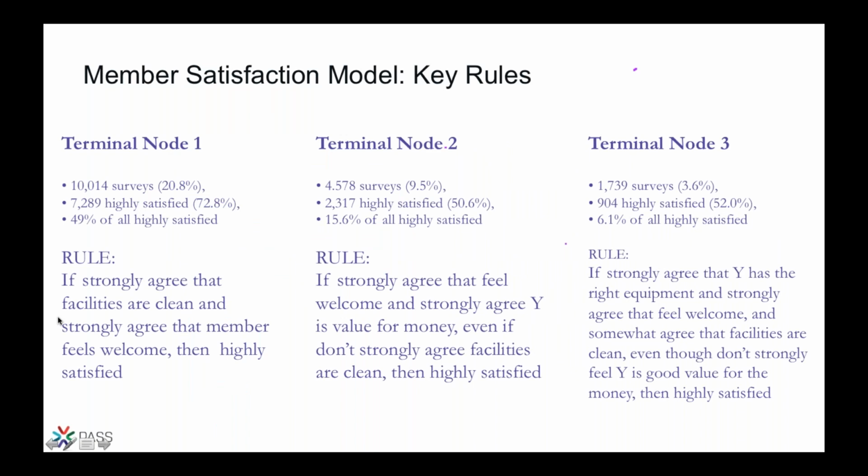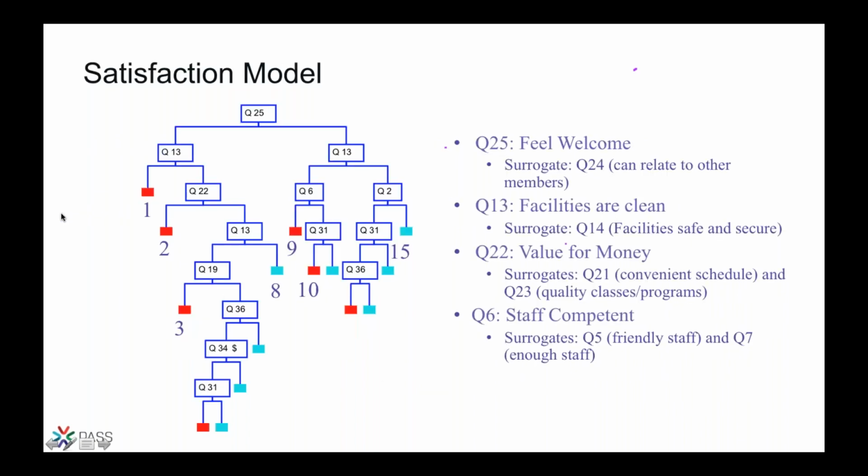That's this terminal node population with 10,000 surveys. And it said, try to find a way to split this population into two subgroups that maximize the difference between ones and zeros, satisfied and non-satisfied. And the tree algorithm thought, there's no real good way to do that anymore. So it stops. Everything you see in front of you was induced automatically by the tree through a sequential, stepwise, one variable at a time selection algorithm.